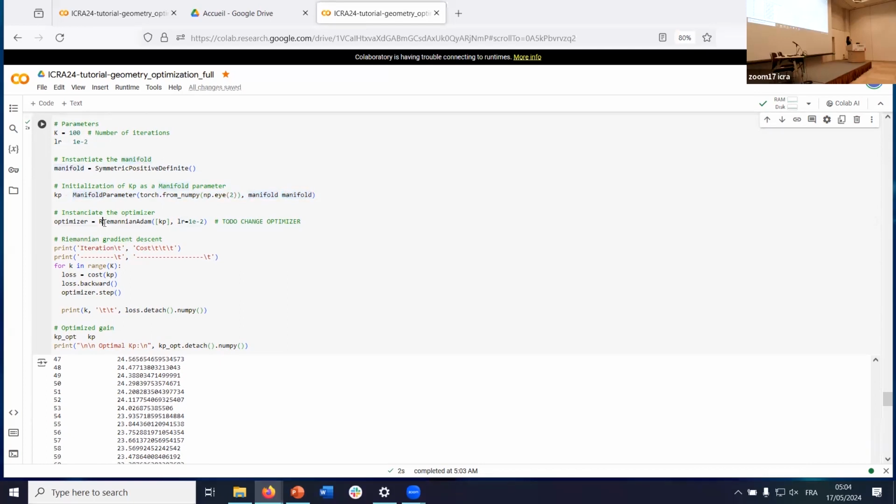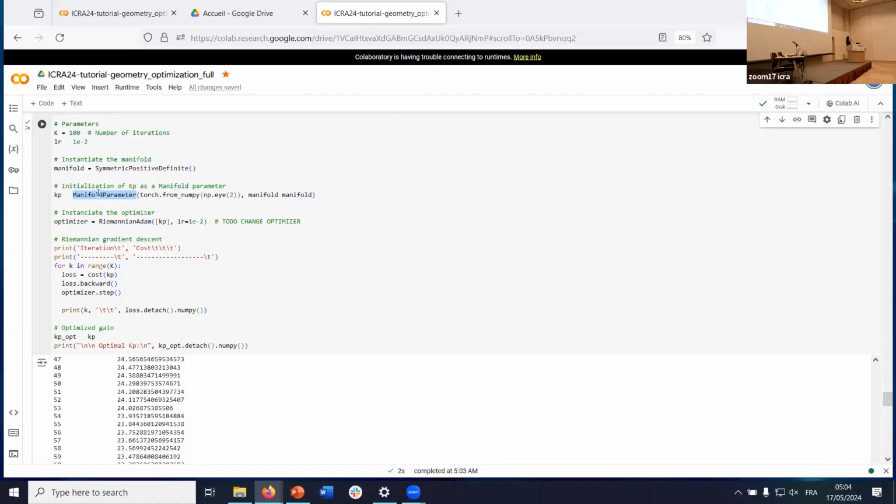Then you define an optimizer, Riemannian Adam, and what GeoOpt does in the background is that it checks that your manifold parameter belongs to the space of symmetric positive definite matrices, and in Riemannian Adam, it uses all the operations that you need to compute the Riemannian gradient, the exponential map, the parallel transport, and everything you need. So this is done for you in the background if you define this point as a manifold parameter.